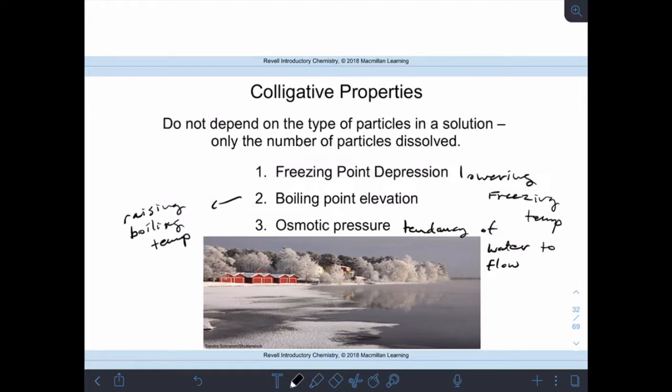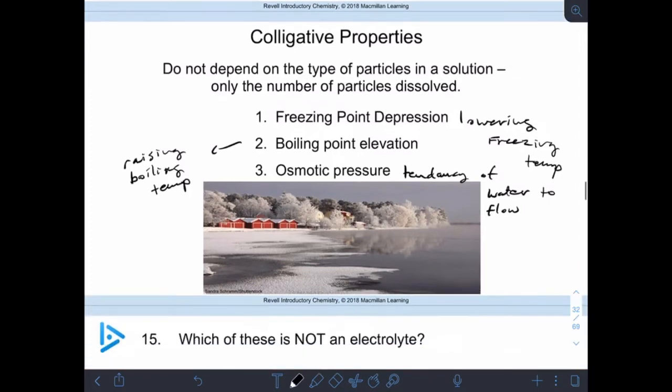So it keeps mixing, and that salt water stays water instead of freezing. Boiling point elevation: those of you in the habit of adding salt to your water when you make noodles, the reason you do that, aside from because my mom said so, is that when you add the salt, it causes the water to boil at a higher temperature. So when you add particles in, it changes the physical properties of the new solution.